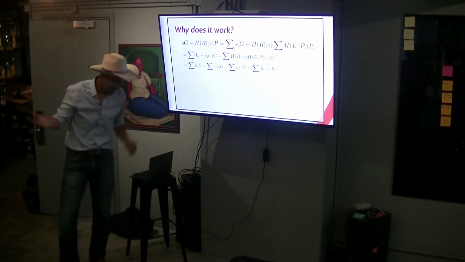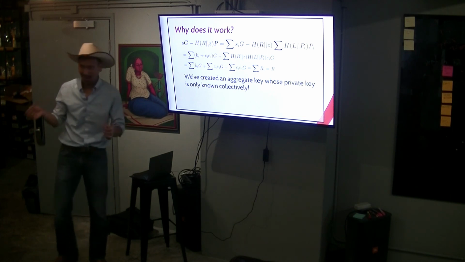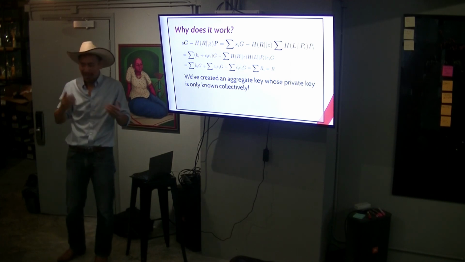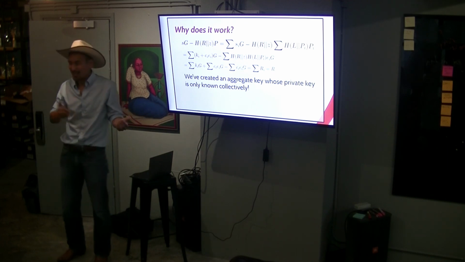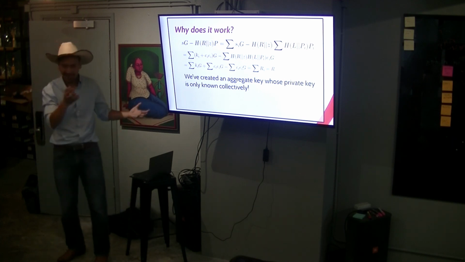And it just works. It kind of looks like sleight of hand, but we've created an aggregate key where you can't make a signature unless you all cooperate, which is kind of amazing.